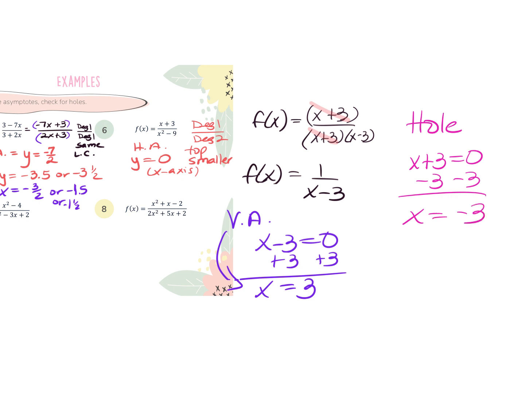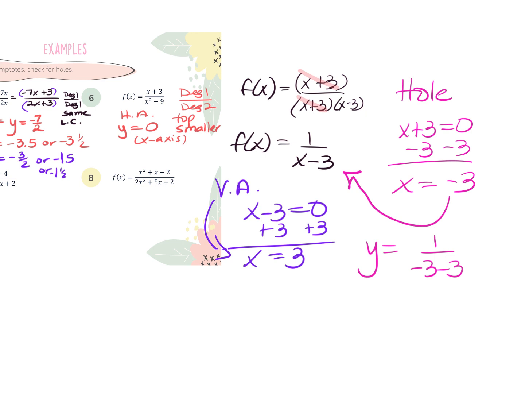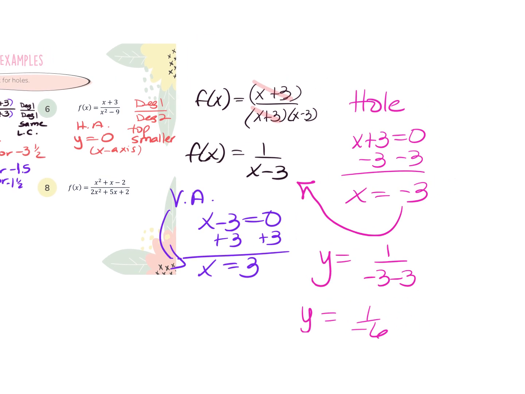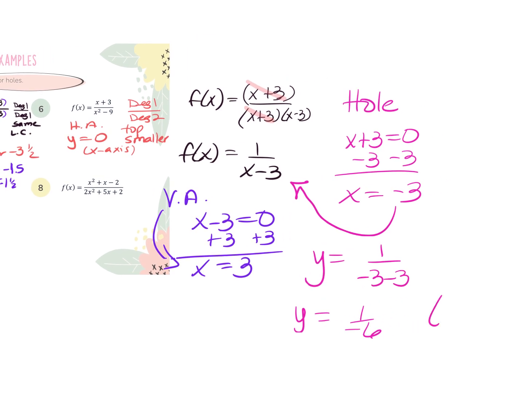And again, remember, we're going to take this x equals negative 3, plug it into my simplified function to get the y value. So 1 over negative 3 minus 3. Y equals 1 over negative 6. So my hole is located at the ordered pair negative 3, negative 1/6.